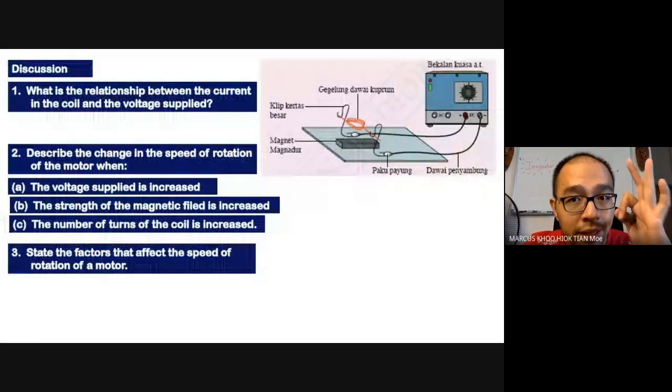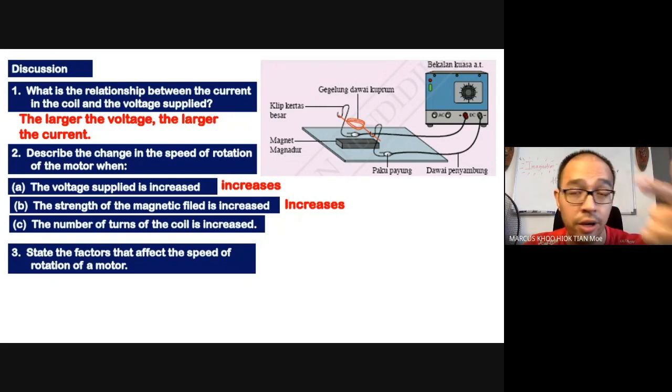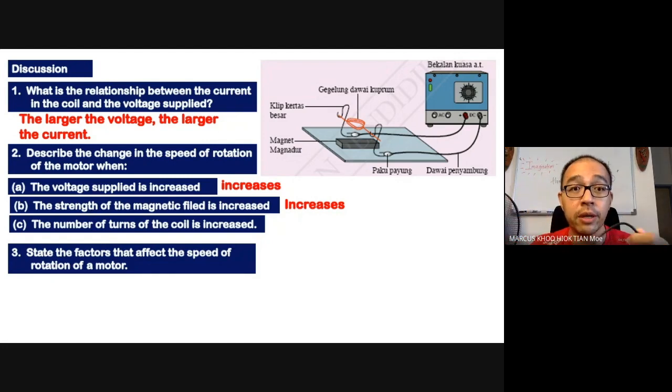So a third factor that affects the speed of rotation, besides the current and the strength of the magnetic field, is the number of turns in the coil. The more wires you have, the stronger it is. If it is just one wire, it's pretty weak. But if you have more wires around that, we call it an armature. Later I will show you.